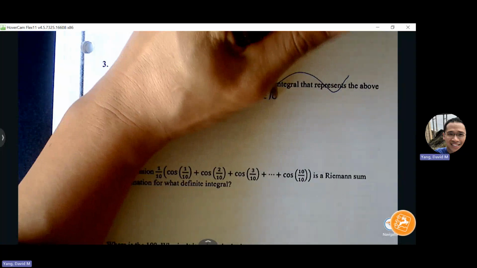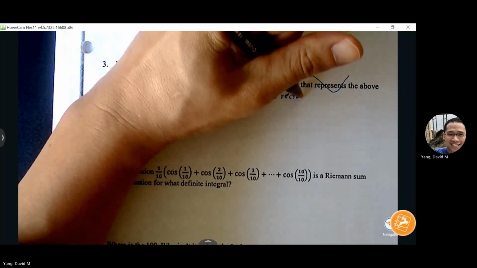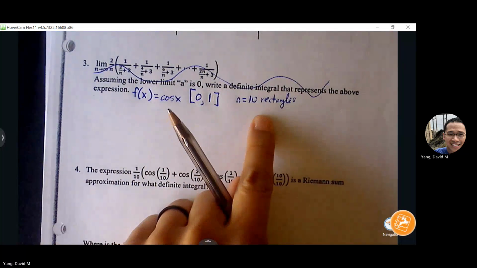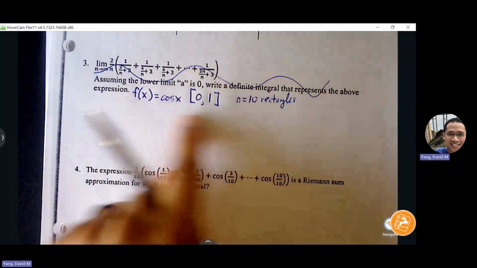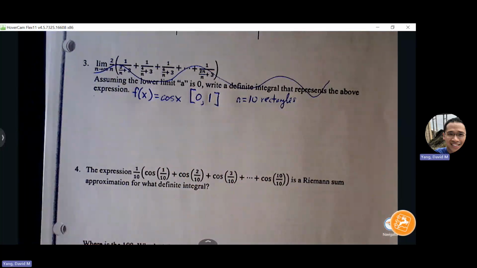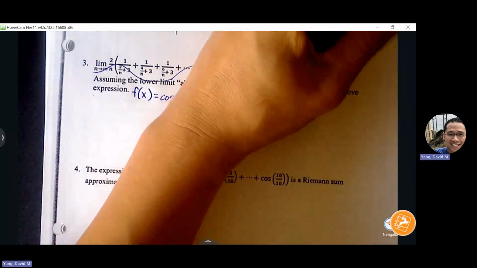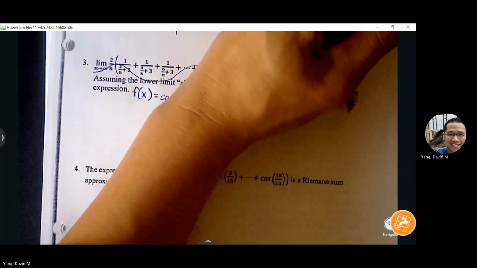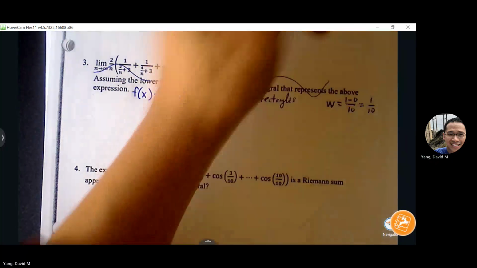And I want you to use 10 rectangles. So we're using 10 rectangles to approximate the area under this graph from 0 to 1. What would your width be? B minus A over N, which is 1/10.